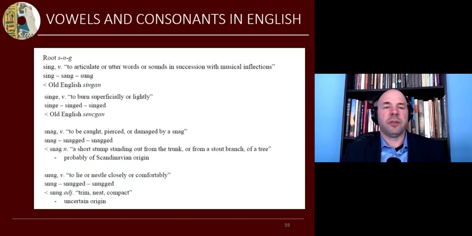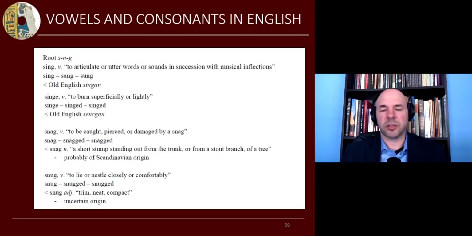Those all have the same consonants involved in each of them, but different meanings. But notice like sing, sang, sung, it's the vowels that give you the different grammatical forms, just like the Egyptian or the Semitic system that we saw before. So you're actually already doing this on a daily basis when you're talking and just not really noticing it.